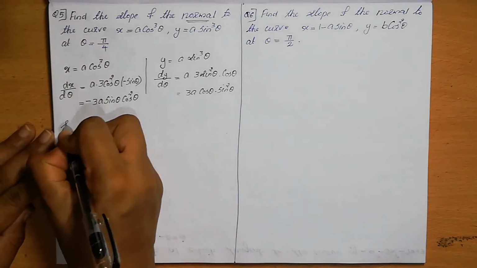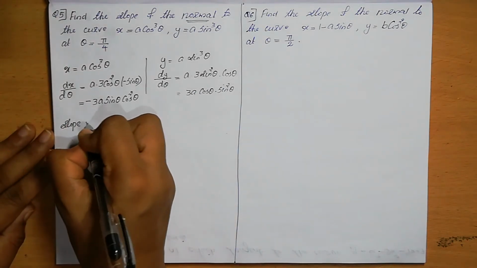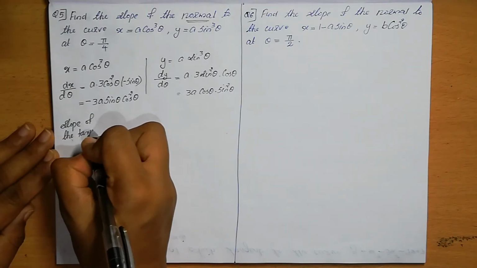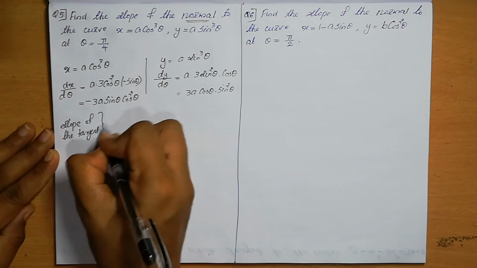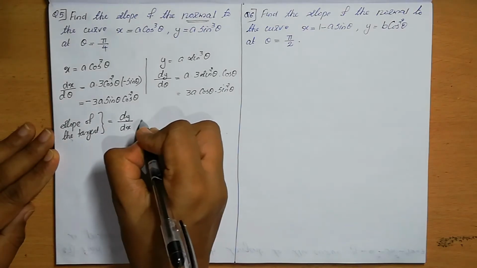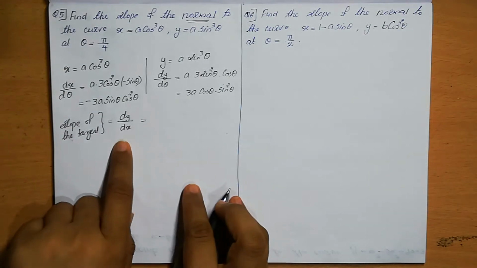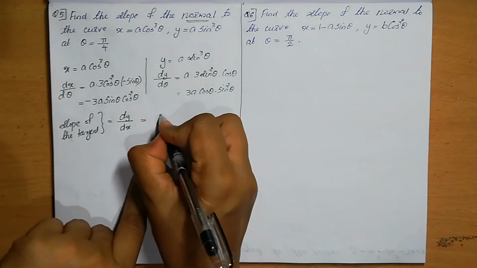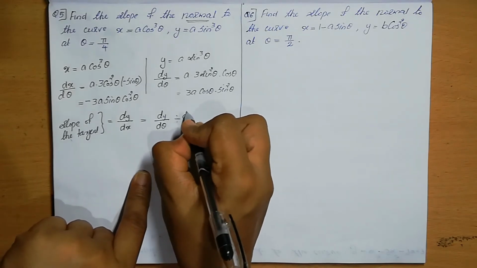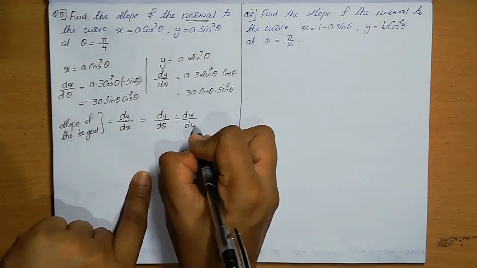Slope of the tangent equal to dy by dx. How will we get this dy by dx? Dy by d theta divided by dx by d theta.